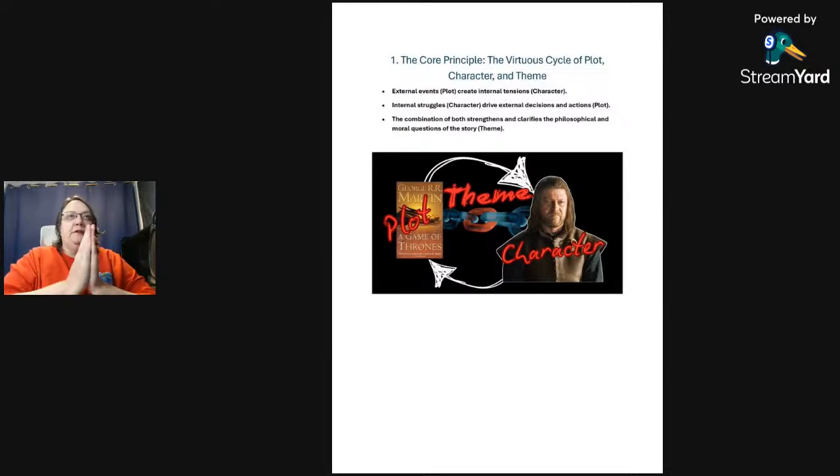Okay, so just to differentiate between internal tension and external tension. External tension is the events of the plot. So it's things like, Ned gets called down to King's Landing and has to take on the role of the Hand, and there's all of the events around that. The internal tension is generated by the fact that Ned wants a quiet life. Ned wants to stay at home in Winterfell.